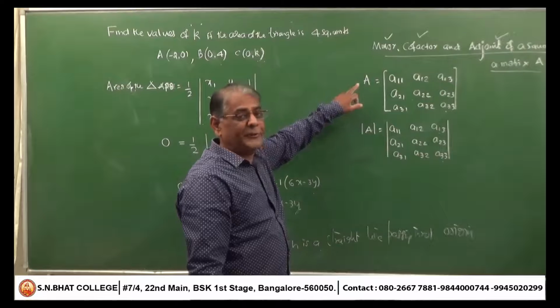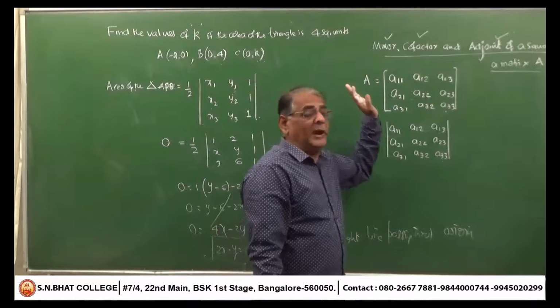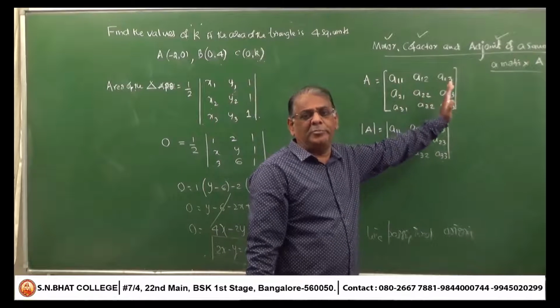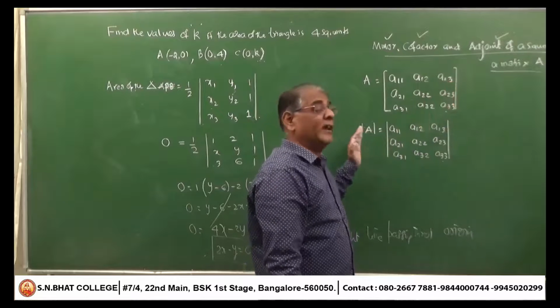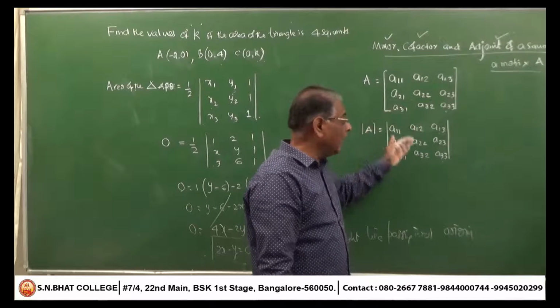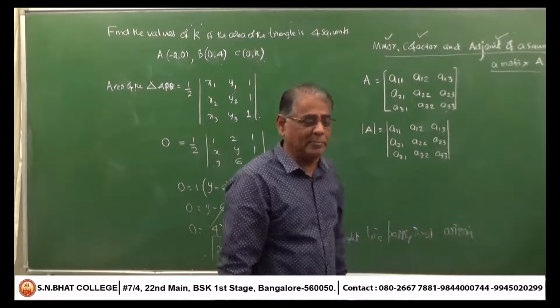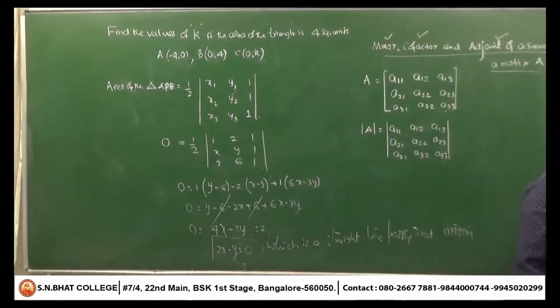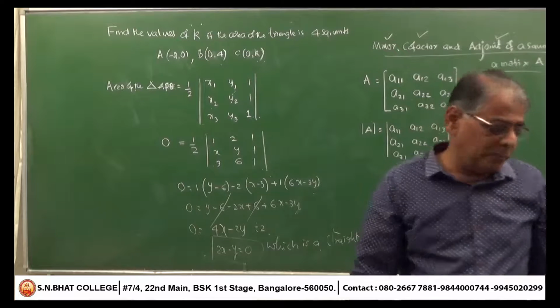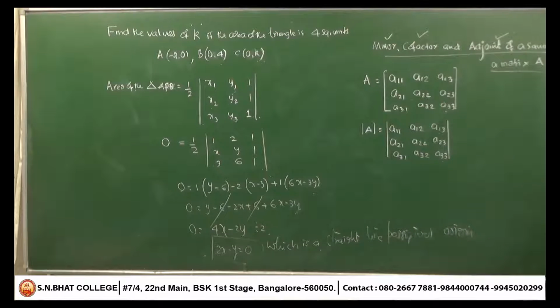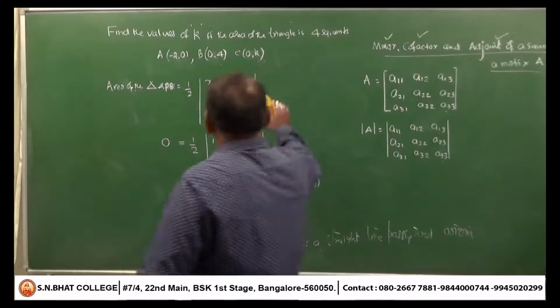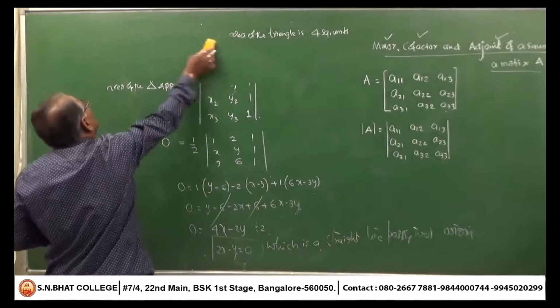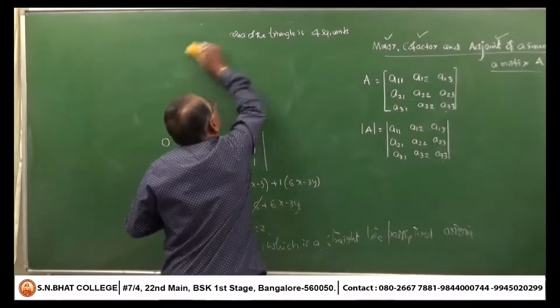See the difference between matrix and determinant. Matrix is just an arrangement of elements in rows and columns, whereas determinant, after evaluating, you will get a real number. Please remember the difference between these two.